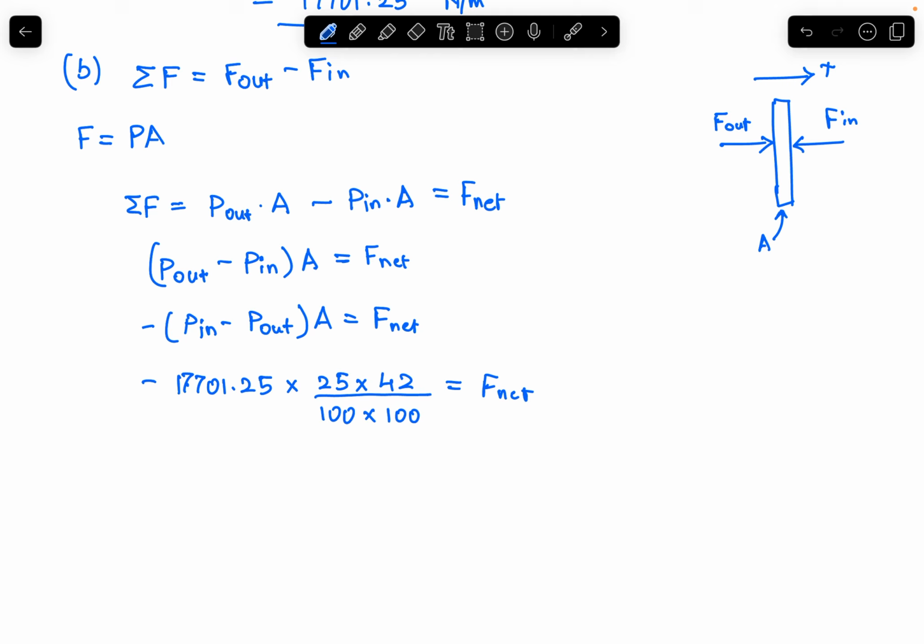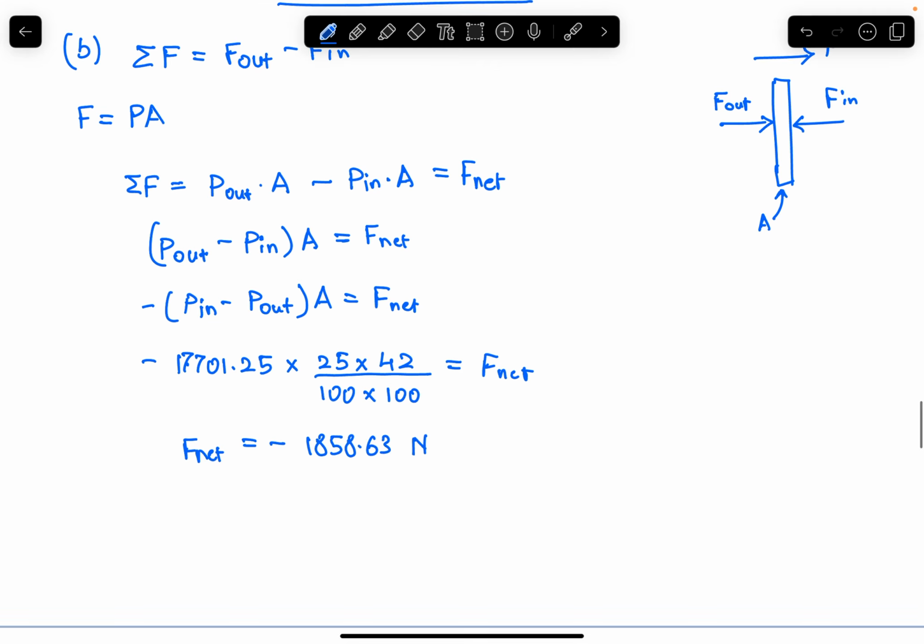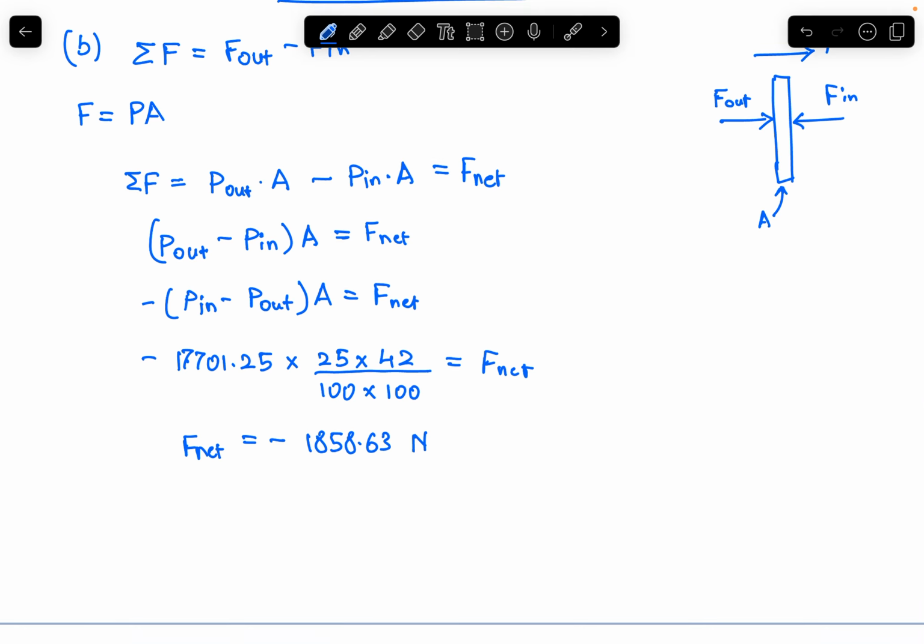After I calculate this entire thing, I should get F net is equal to negative 1858.63 newtons. So that just means the net force is in the negative direction, so it's pushing the window outside.